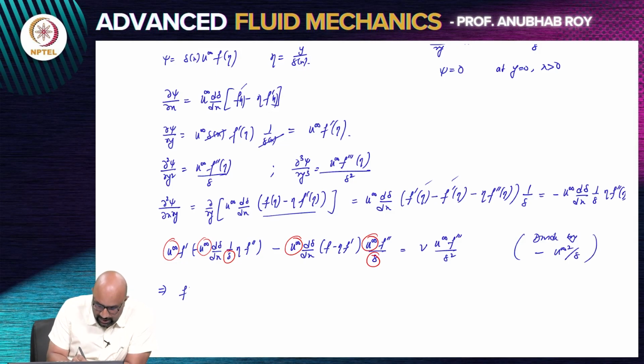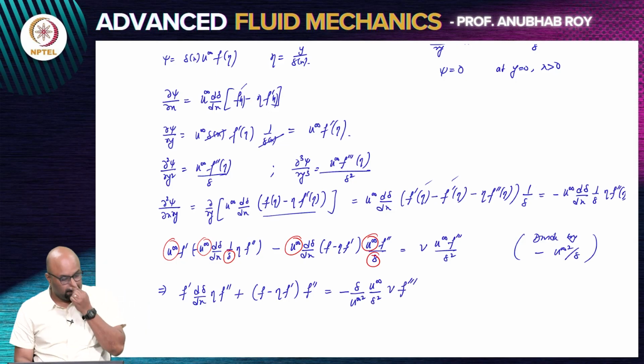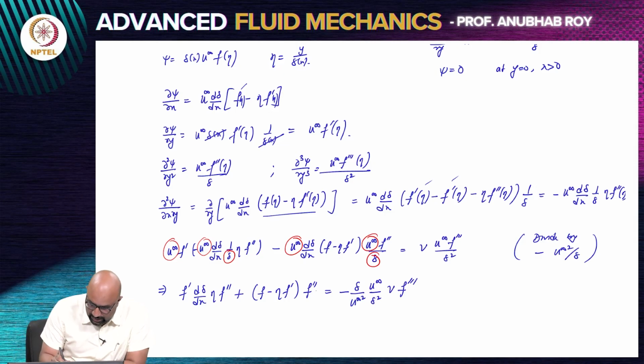Then I will get f dash d delta dx eta f double dash plus f minus eta f dash f double dash is equal to minus delta by u infinity square, u infinity by delta square with a kinematic viscosity nu f triple dash. There is also a d delta dx here.